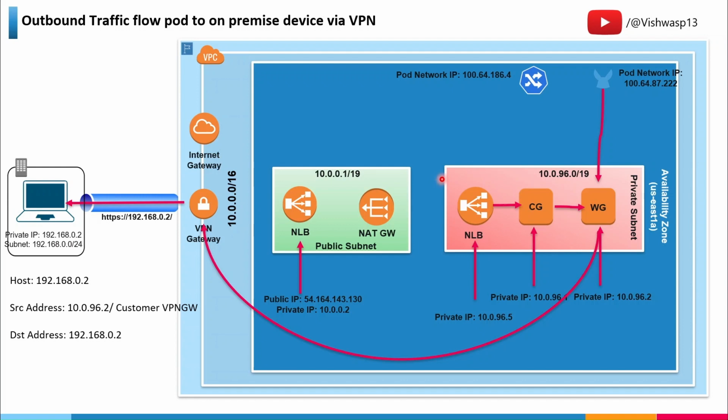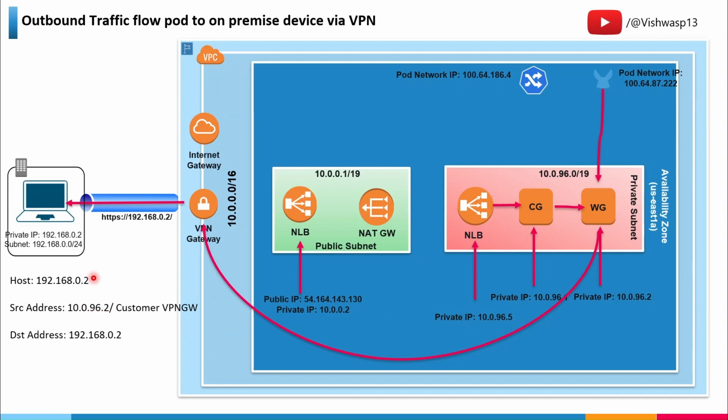So in this case, how would the traffic flow be? The pod IP address source would be 164.87.222. That gets converted into the worker group's IP address, so it becomes 10.0.96.2. Using this IP address, now it's known that the destination is 192.168.